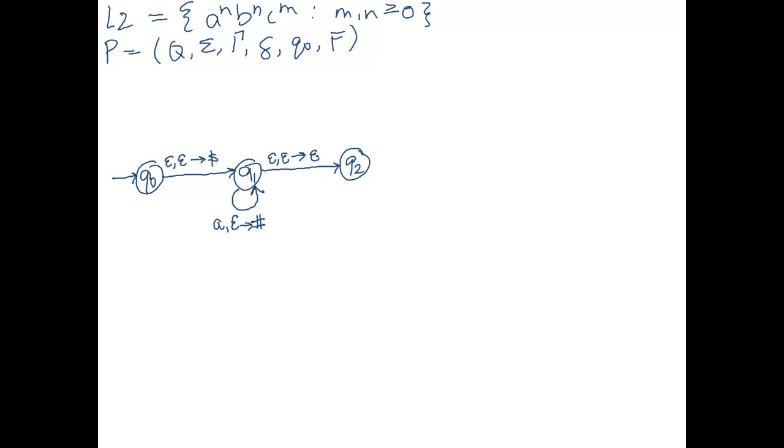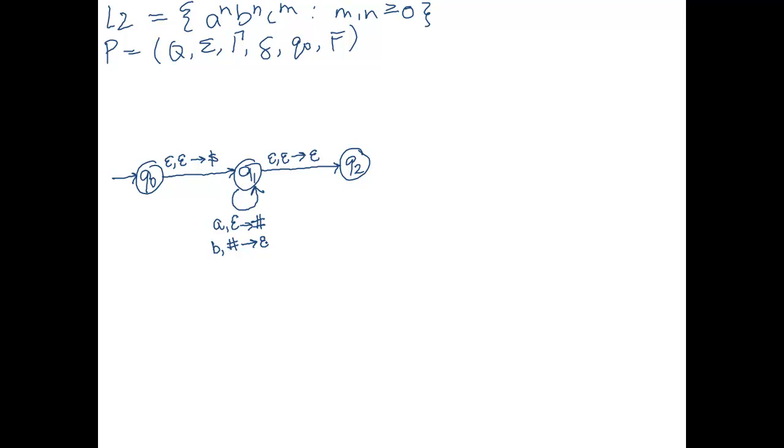Okay, we're also separating the state that reads A's from the state that reads B's. This is important so that we don't allow the machine to mix A's and B's. For example, let's say I had a transition like this. Okay, so what would this allow me to do?